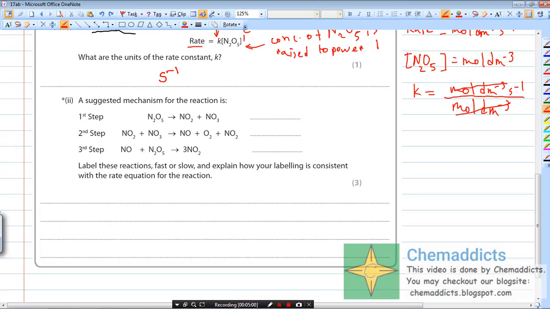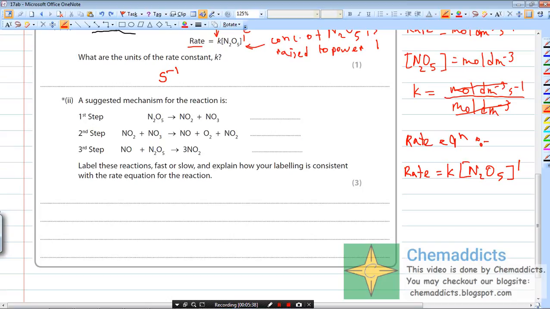So let us once again look at the rate equation. The rate equation is rate equals rate constant k times N2O5 raised to power 1. Since the overall order of this reaction is 1, the only particle involved in the RDS is dinitrogen pentoxide.